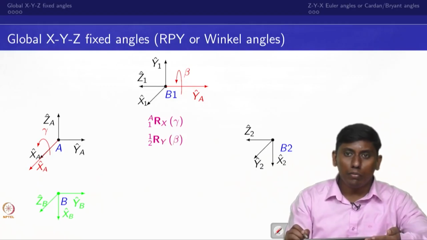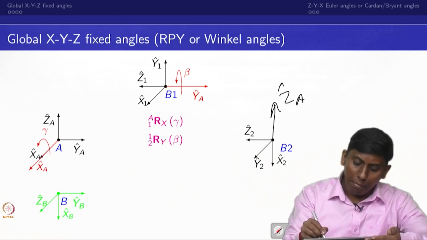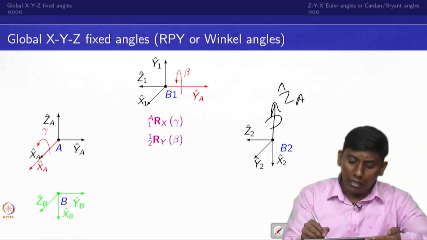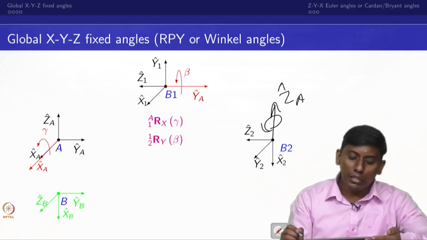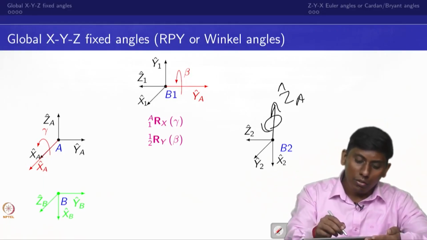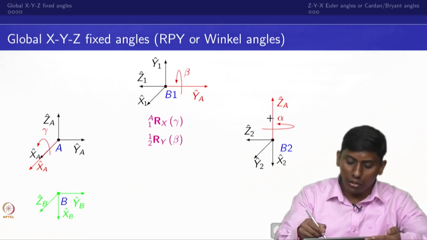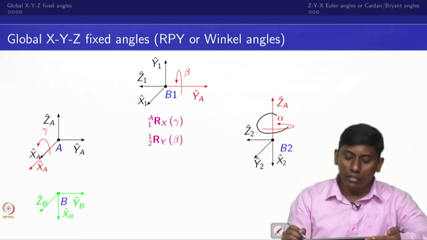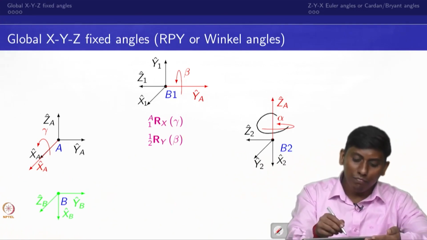Now finally, we take the za cap and rotate by an alpha angle, and see what the frame representation would be. I take this and rotate by alpha, which is a positive rotation. For convenience I take 90 degrees, and I will get this.